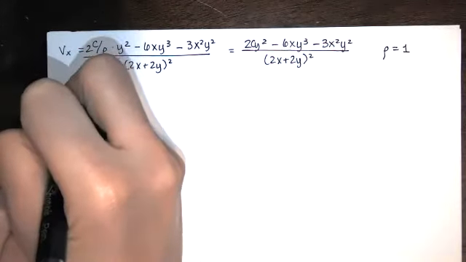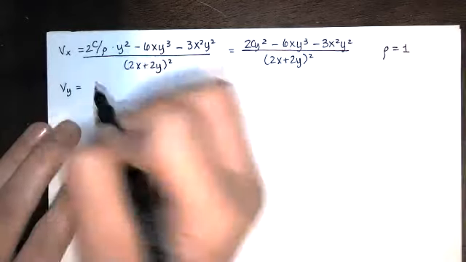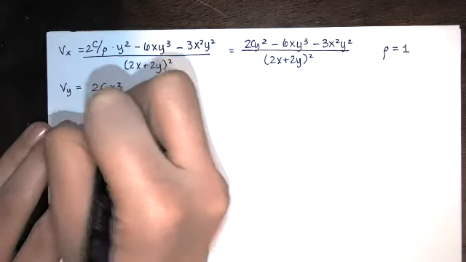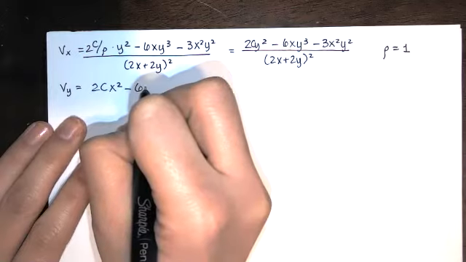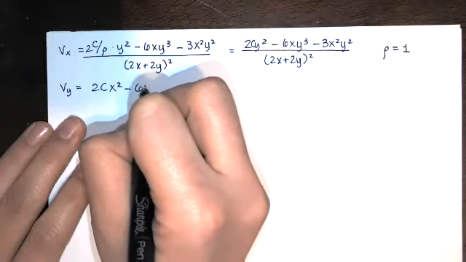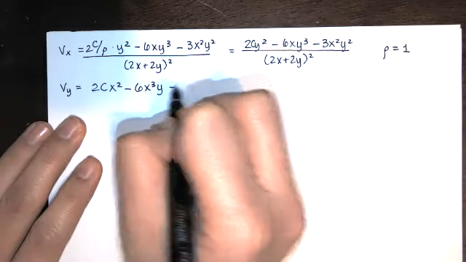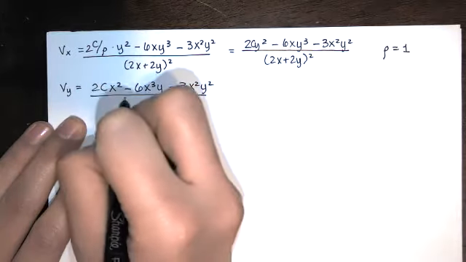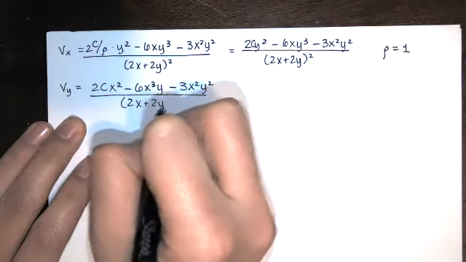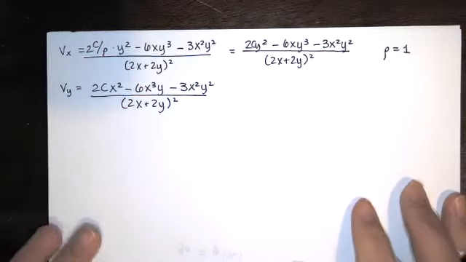And the partial of v with respect to y is very similar. So I've got 2c times x squared minus 6 times x cubed times y minus 3x squared y squared, all divided by 2x plus 2y, quantity squared.